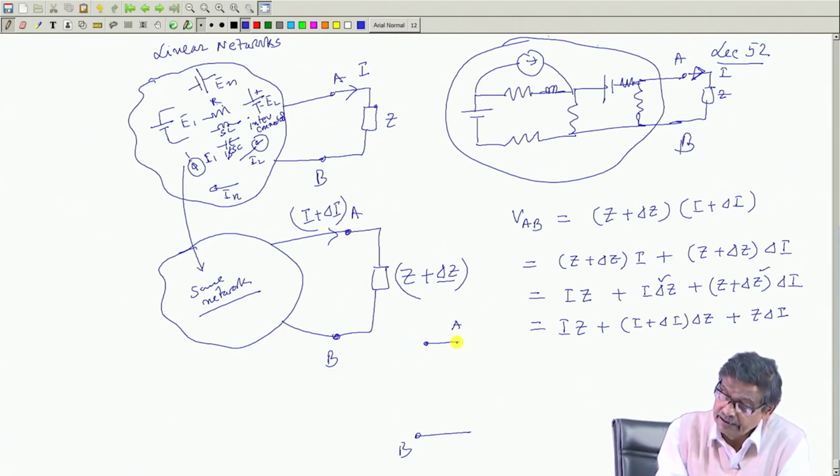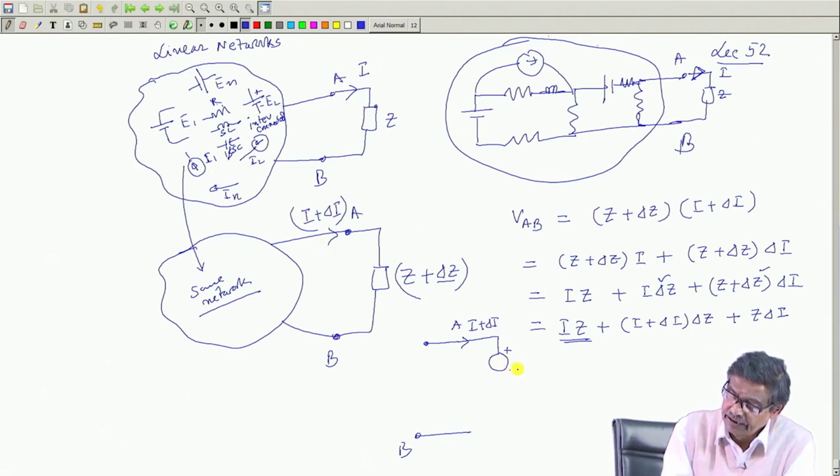Here I can look at some voltage source, this drop I will treat as a current I plus delta I, mind you, in this network. From this network only I am drawing. Then I am telling that here is a battery of magnitude I z.